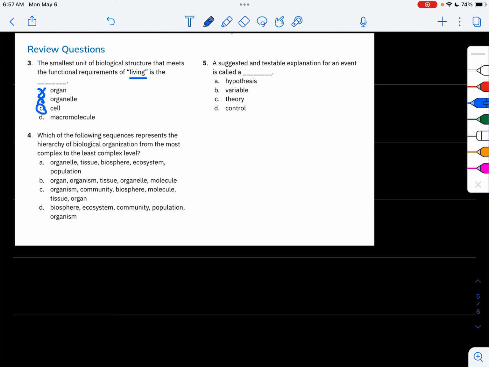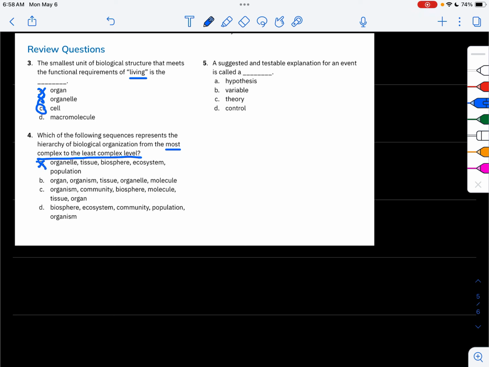Okay. Number 4. Which of the following sequences represents the hierarchy of biological organization from the most complex to the least complex? So the most complex to the least complex. Give you some time. Okay, welcome back. Organelle, tissue, biosphere, ecosystem, population. This one's actually all sort of jumbled, so it is not this one.